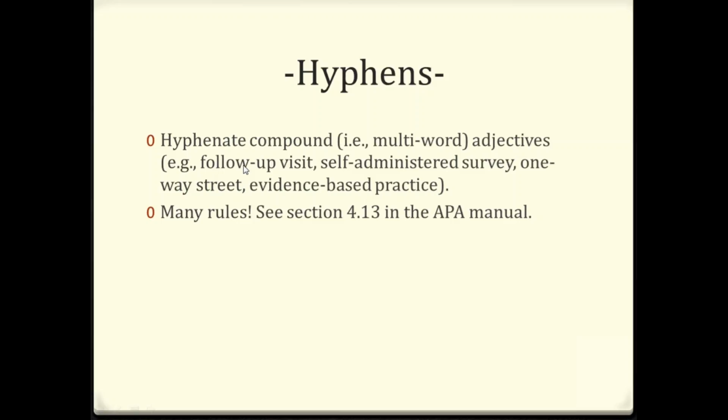And these are some examples here: follow-up visit, self-administered survey, one-way street, evidence-based practice, self-effacing. Those are all words that are listed, I think, in the examples in the APA manual as words that you would hyphenate. Okay.